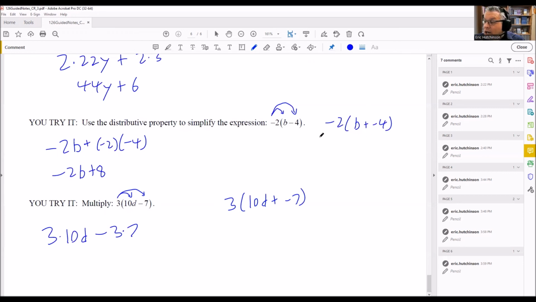Usually the only time I rewrite it as adding the opposite is if you're multiplying by a negative. Then it's sometimes easier to see what the value is going to be in the end. But with this one, we can just put a minus sign and simply multiply each one instead. So you're going to get 30d minus 21, and that would be your answer. Again, these are all using the distributive property of multiplication.